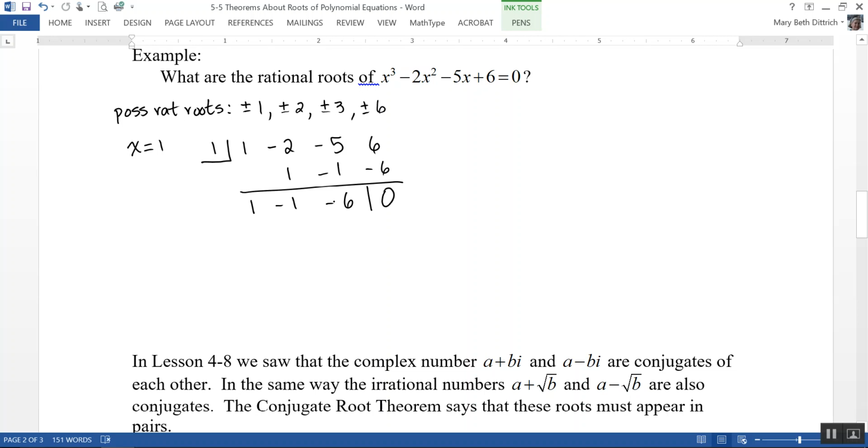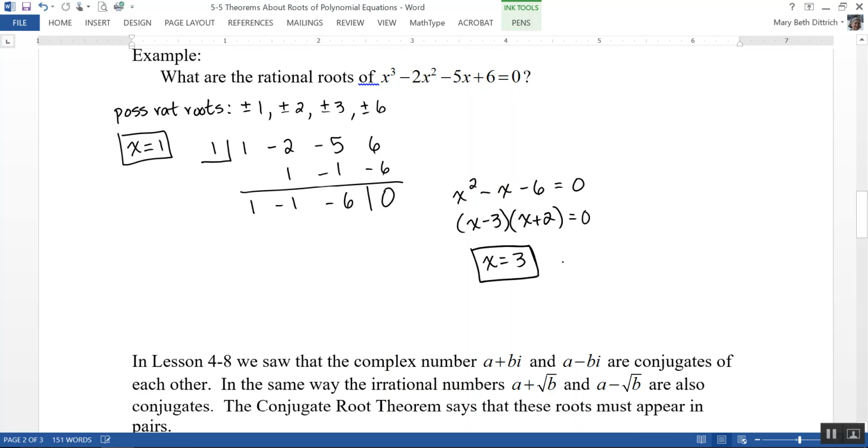So this is going to turn into x squared minus x minus 6 equals 0. And I can factor that into x minus 3, x plus 2. So my other two zeros in addition to x equals 1 are x equals 3 and x equals -2.